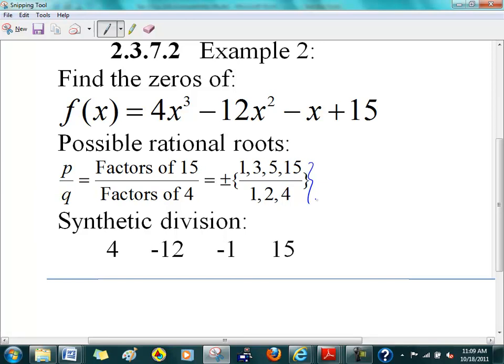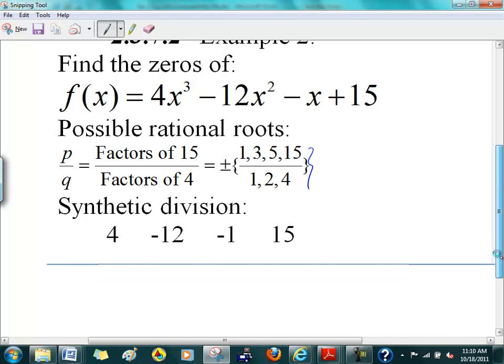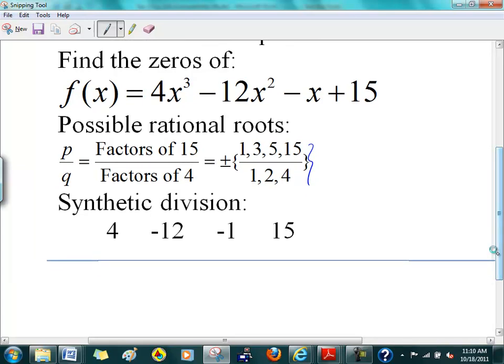Now, to start out, you don't want to do synthetic division with plus or minus 1, because we're going to learn some other rules to see if plus or minus 1 work. If they work, then we will do the synthetic division, but let's not start out with that.